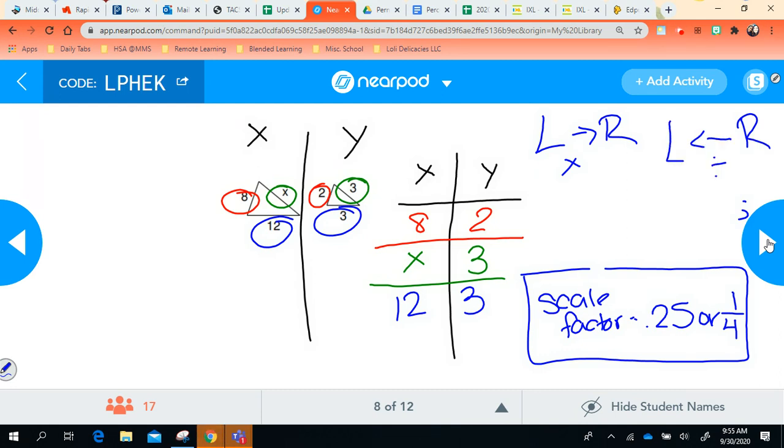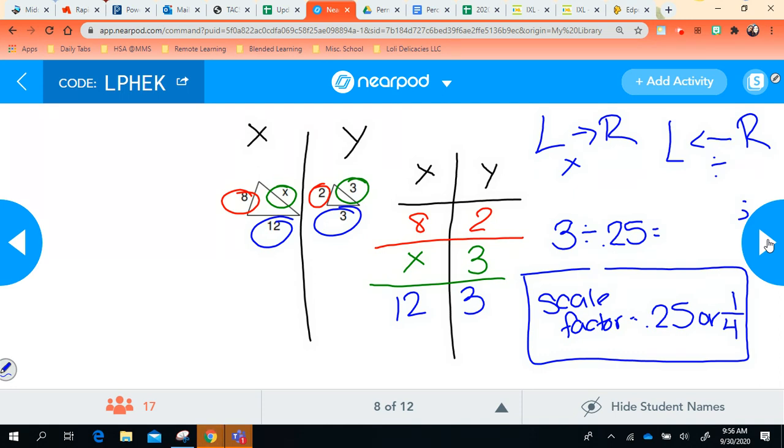If I'm looking for my x, that means I'm going from right to left. So I have to do what? Divide. So I'm going to do 3 divided by 0.25. So you have to be super careful with that. Don't just automatically assume everything's multiplication, because scale factor is definitely not always going to be in the same direction.